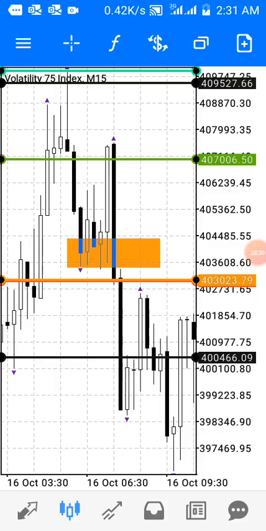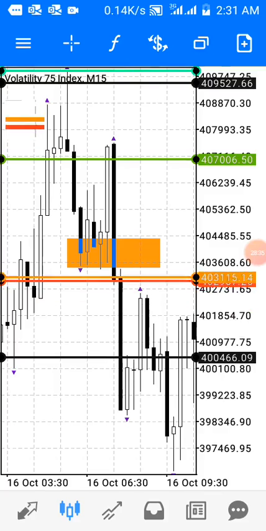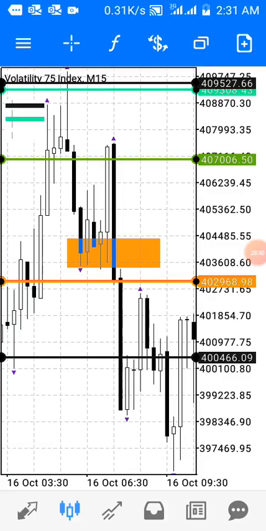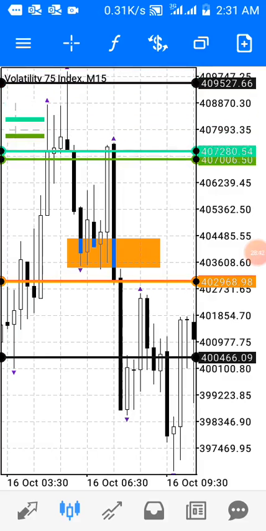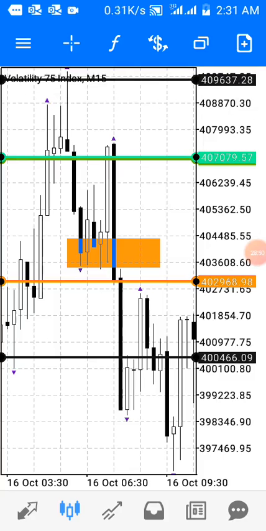Now, if price comes down to trigger this second hedge trade, which is the orange hedge trade, then I immediately add the third and final hedge trade, and also edit its take profit to be 2,500 points. So I've set my entries and price starts to range and picks my hedge trades up and down. Okay, what about stop loss?